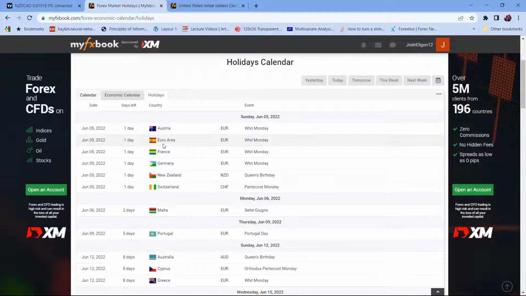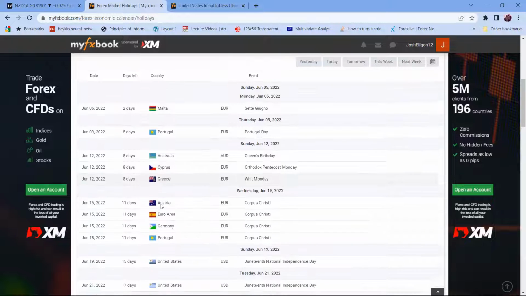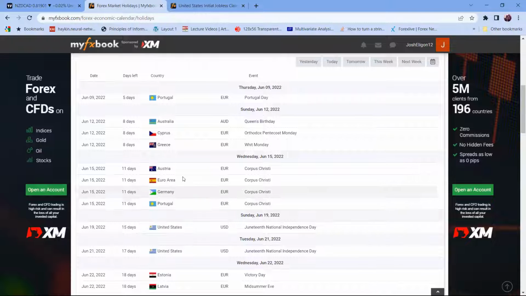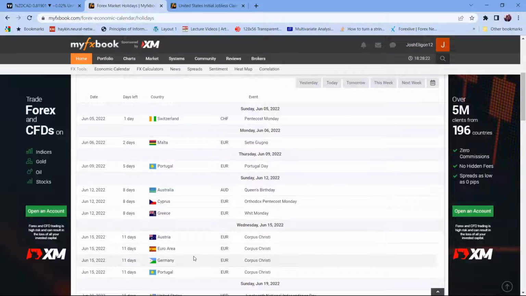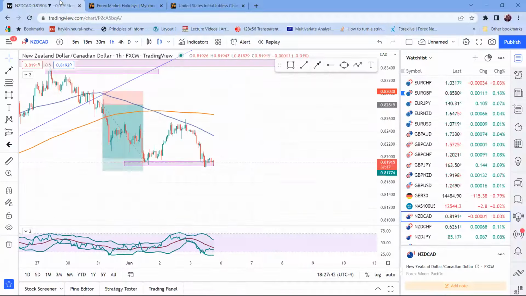And for today, which is Sunday, basically, for the euro area, we have multiple places within the European area having a holiday, basically, right? But we're good. Corpus Christi is Wednesday, but other than that, Wednesday is probably where we might have just some slight volume, nothing much.